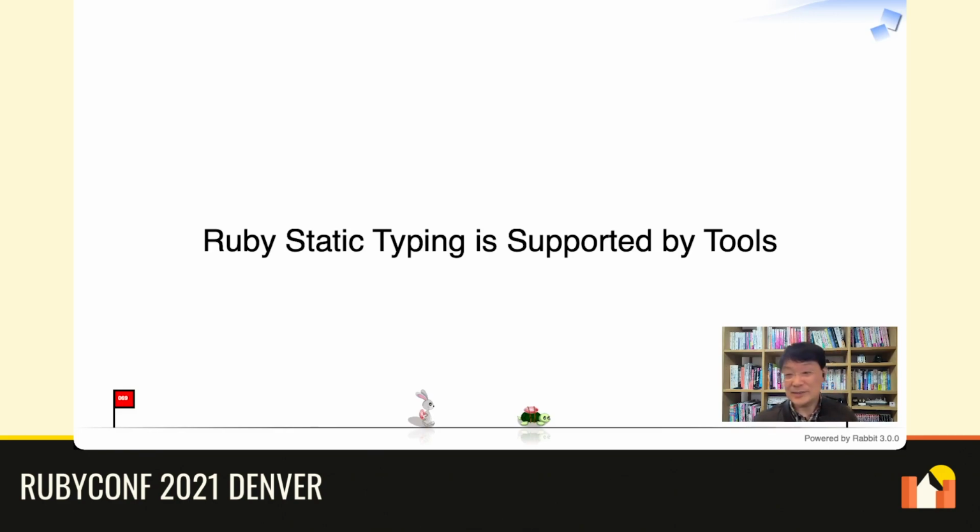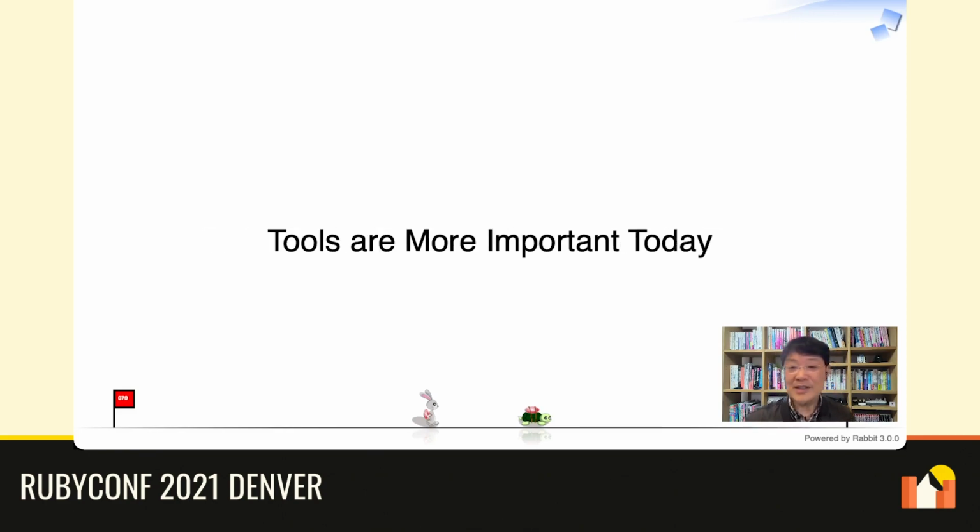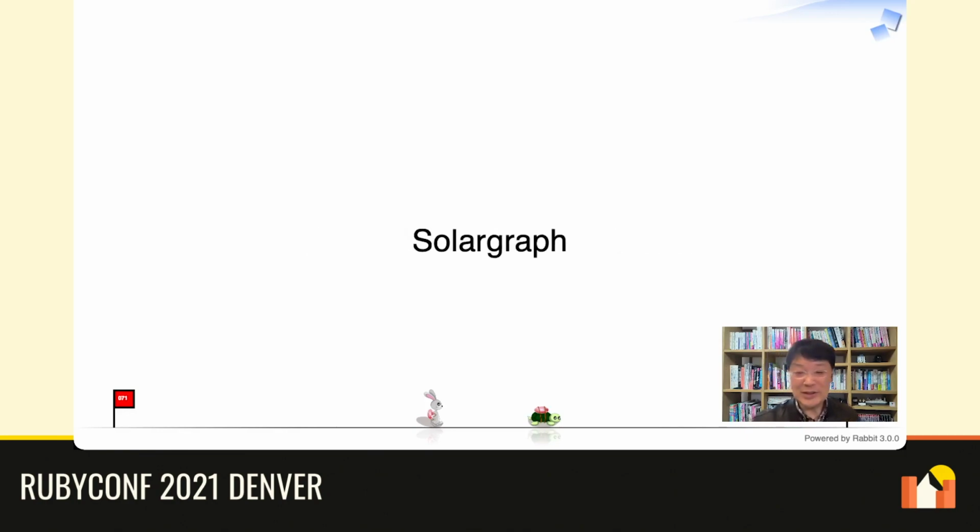That is a great thing. That means tools are more important today. Tools are more important than the language itself. We already have a nice language, so all we need is better tools. Yeah, no, not all, but most of our needs are in tools.